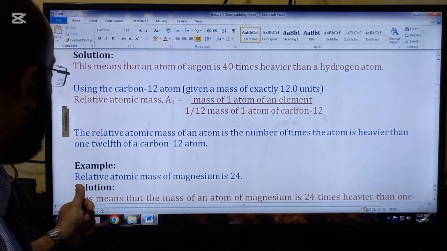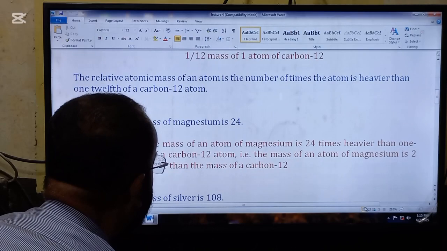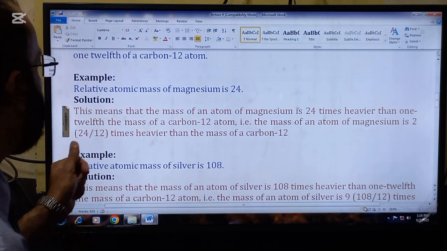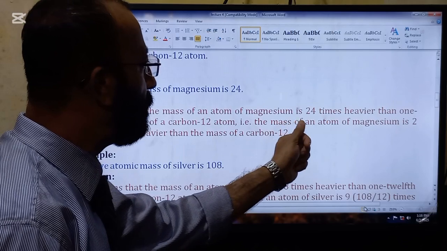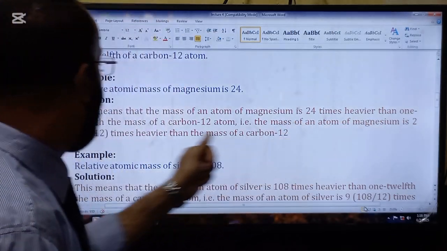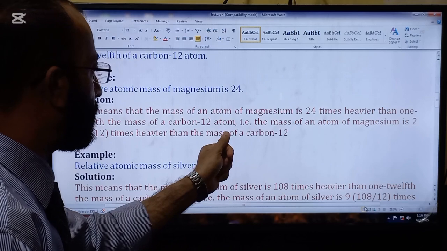Look now, relative atomic mass of magnesium is 24. This means that the mass of an atom of magnesium is 24 times heavier than 1/12 of the mass of the carbon-12 atom.